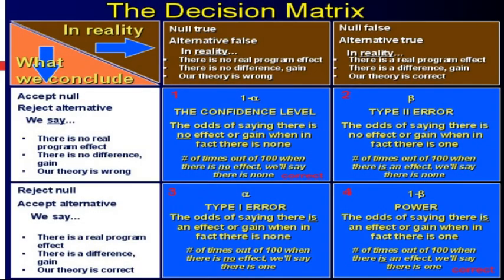Many of you have seen this decision matrix before. On the top line is what is in reality, only knowable to some sort of omnipotent deity, or if you actually had a sample of all 104,500 occupational therapists as our population.